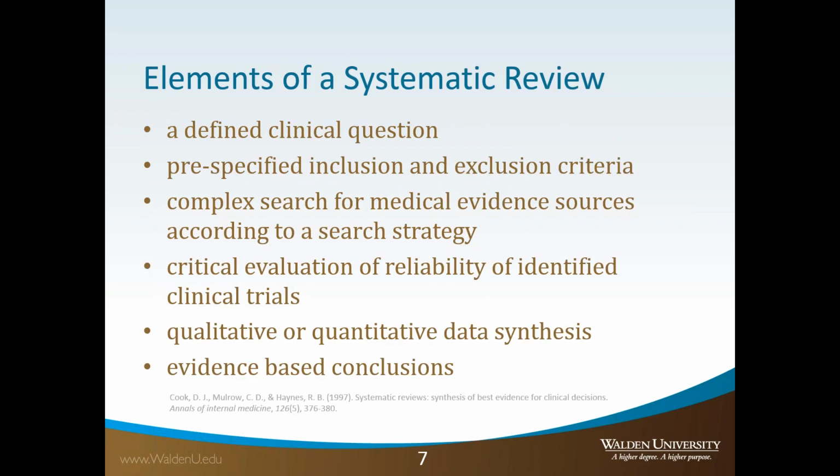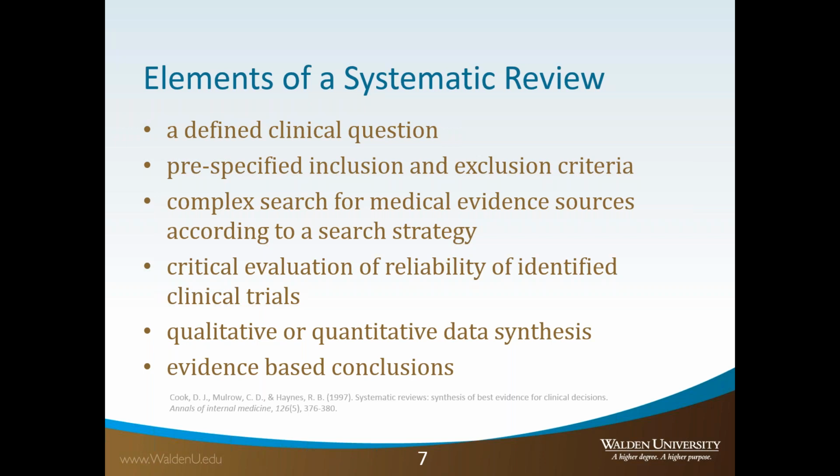So the elements here were described by Deborah Cook in 1997, and that defined clinical question, that PICO question, is, you know, number one. The pre-specified inclusion and exclusion criteria would be for a particular population, a particular geographical area, or possibly a particular type of the disease in question.